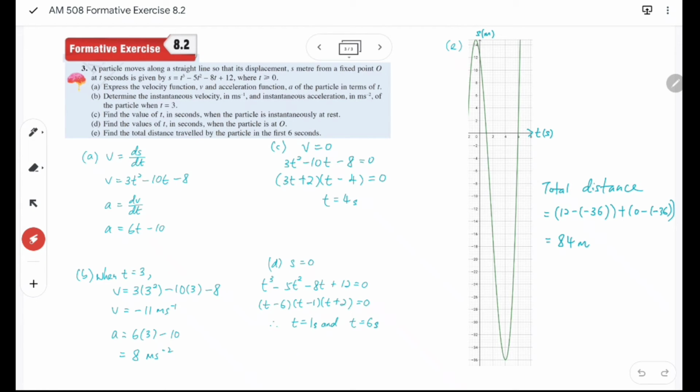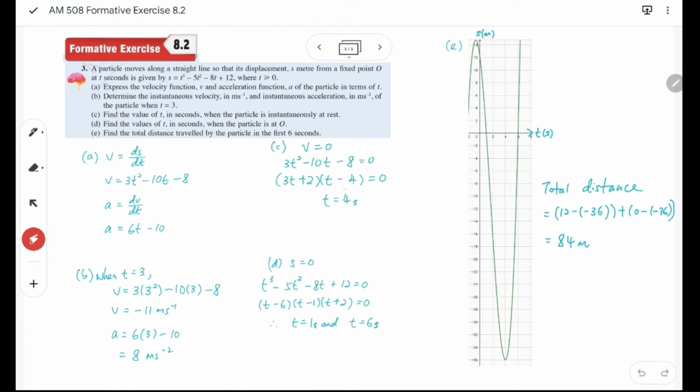C. Find the value of t in seconds when the particle is instantaneously at rest. So when the particle is instantaneously at rest, it means v equals 0. The velocity equals 0. It is not moving. Okay, so v equals 0, which is 3t squared minus 10t minus 8 equals 0.